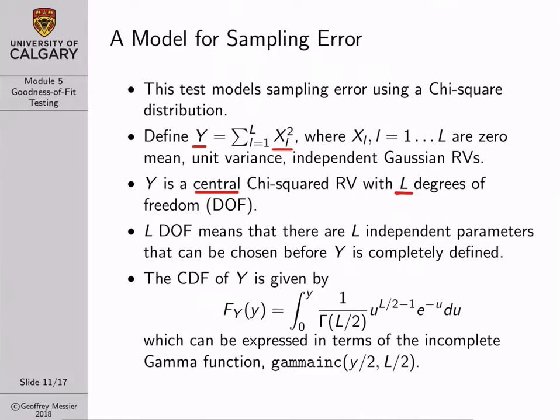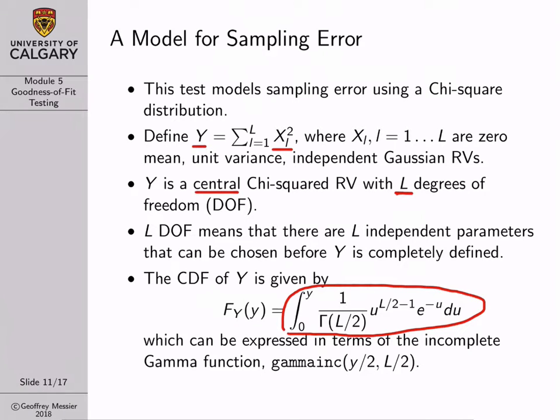And having L degrees of freedom basically just means that there are L independent parameters that can be chosen before y is completely defined. Or basically we've got L random variables that we can play with. And the CDF for y is given by kind of a nasty integral.